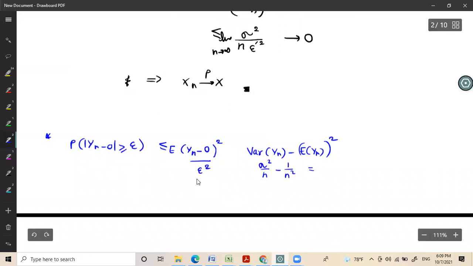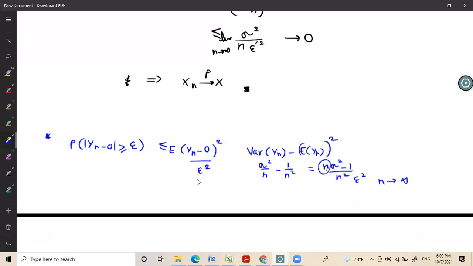So you have something over n square, epsilon square. You have this n. So when n goes to infinity, how do you write this? You have to have all n's at the bottom, right? If you rearrange this term, what you have on your left-hand side is n sigma square. Am I right?